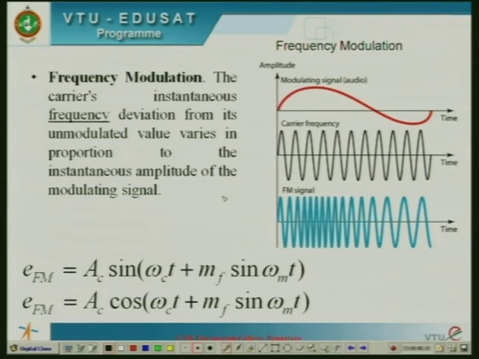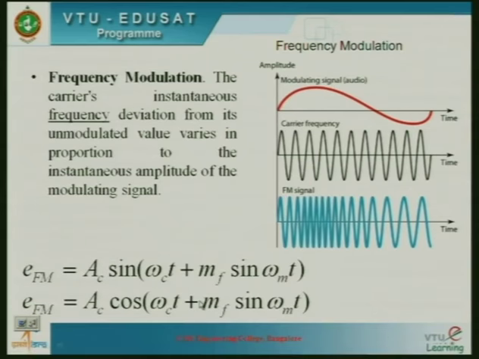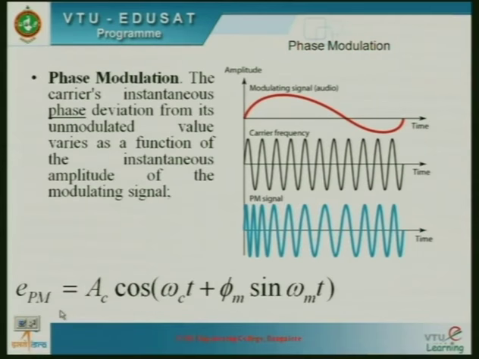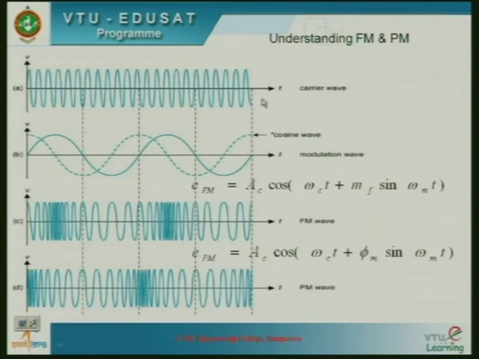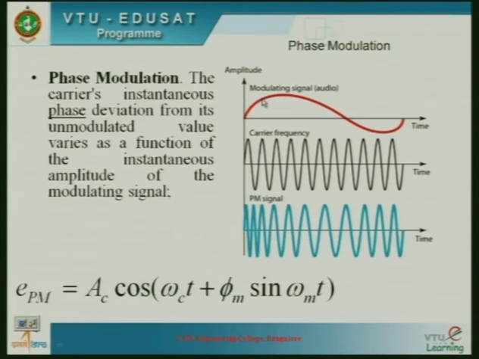Similarly, let us also define phase modulation. In phase modulation, the carrier frequency and amplitude remain constant, but the peaks of the modulating signal affect the phase of the carrier.